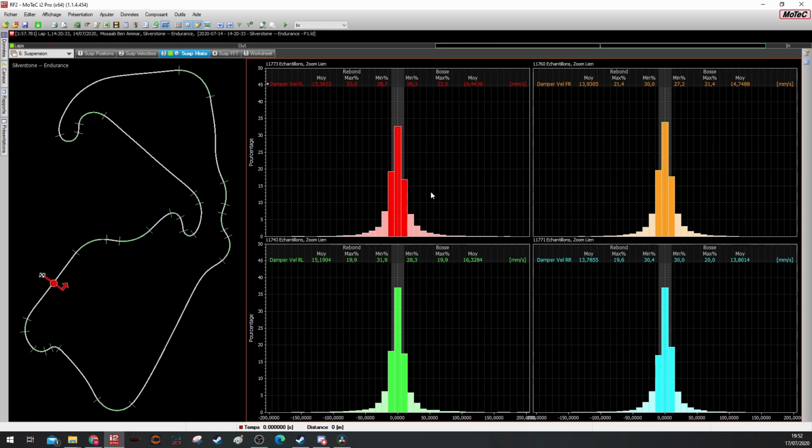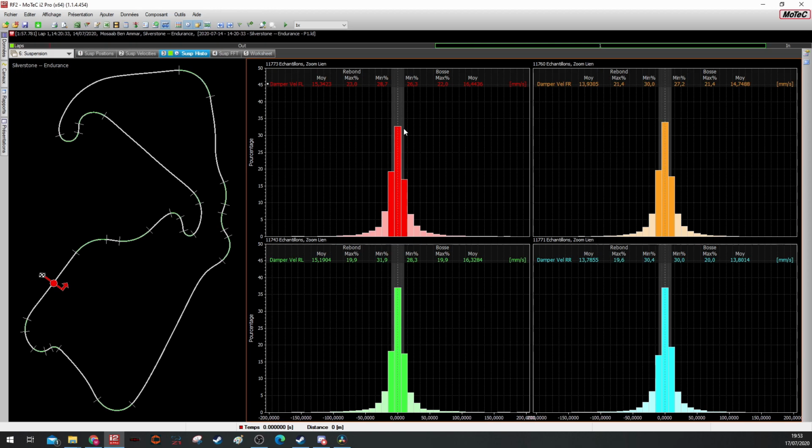But sometimes, for some reasons, for example if I want to load the front tire more and keep the load for a longer time on the front tire, I will aim for a softer compression and a harder rebound, as is the case on this graphic. So this is the main screen I look at.